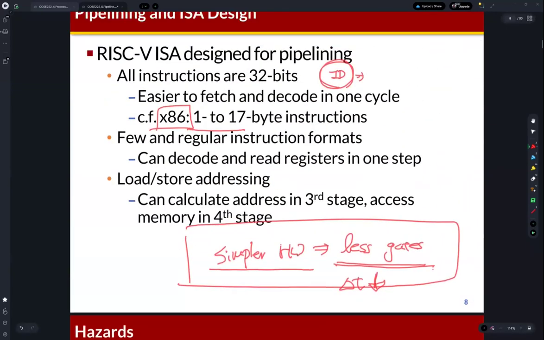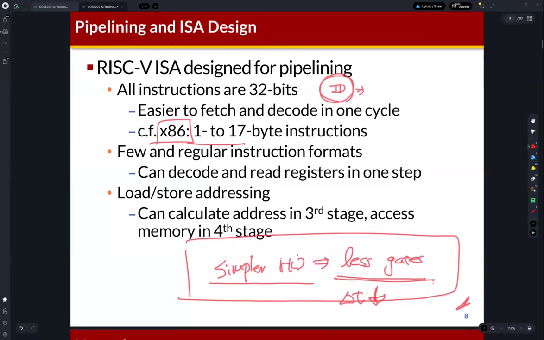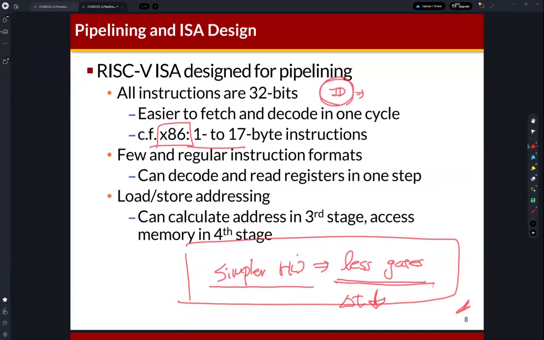Okay, so up to this slide, I explained the concept of pipelining. It's very important, so you need to understand this concept of pipelining. I believe it's simple, and I believe you can understand, right?